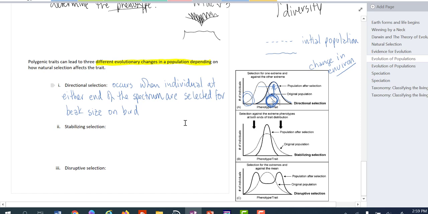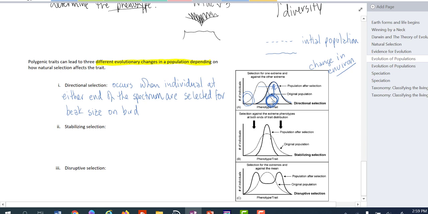Another form in which evolutionary changes can result, or how polygenic traits can be affected by evolutionary changes in a population, is what's called stabilizing selection.